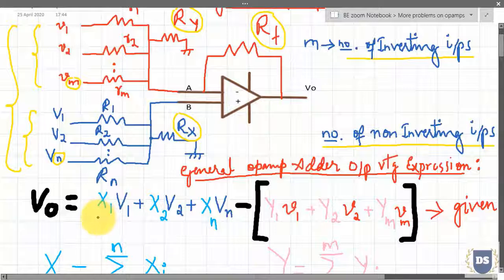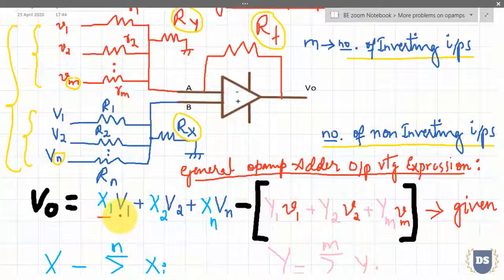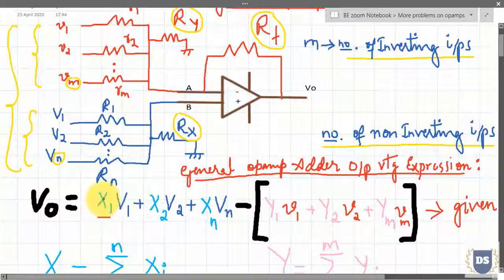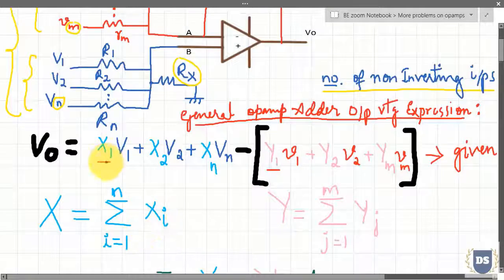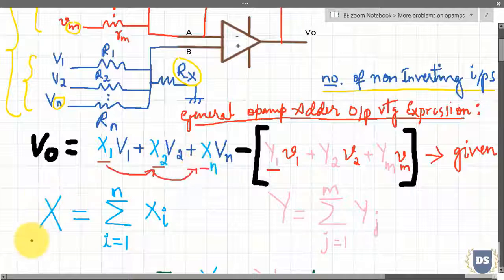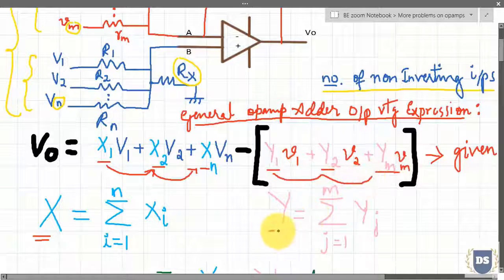If I go through the coefficients associated with these voltage sources, the coefficients associated with non-inverting inputs are denoted by X, whereas the coefficients associated with inverting inputs are denoted by Y. If I add all the X values, I'll get capital X. In a similar way, if I add up all the Y values, I'll get capital Y. Addition is indicated in the form of summation, where i starts from 1 and we add till the last coefficient value, so the range is i equal to 1 to n.